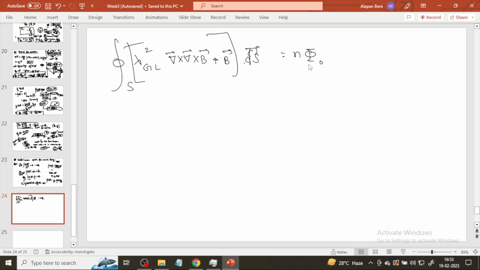Okay. Now in general, as we already said, n is equal to 1 for the ground state of a superconductor, so this can be written as psi naught. Now to write it as a surface integration, we can just write it as this.